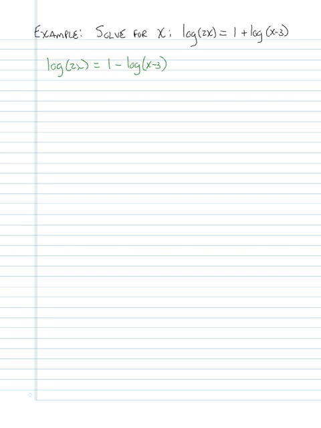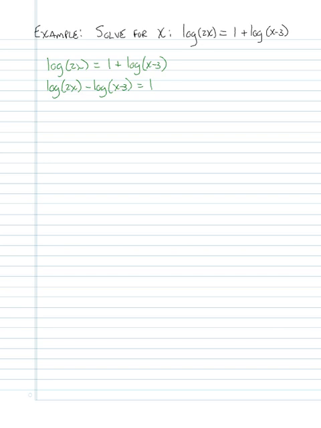And, oops, I've got a 1 plus logarithm on the right side, but I don't want that extra logarithm on the right side. I want them all on one side. So I'm going to subtract the logarithm of x minus 3 from both sides. When I do, it will look like the logarithm of 2x minus the logarithm of x minus 3 is equal to 1.